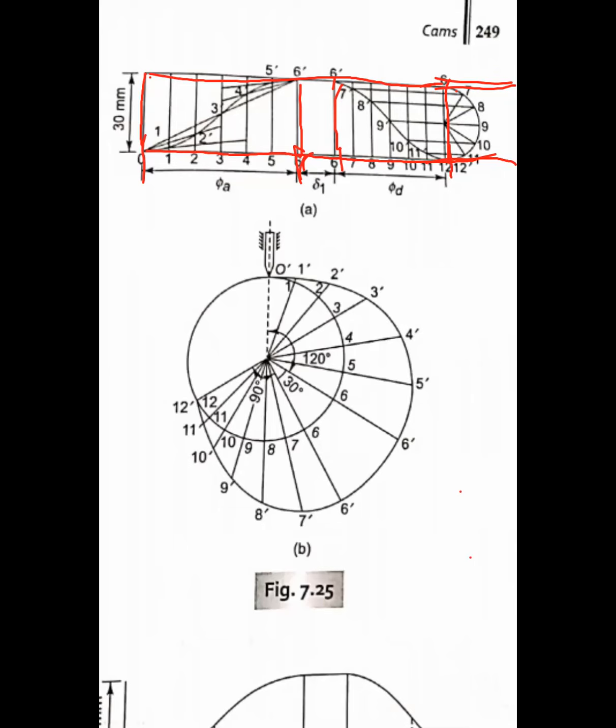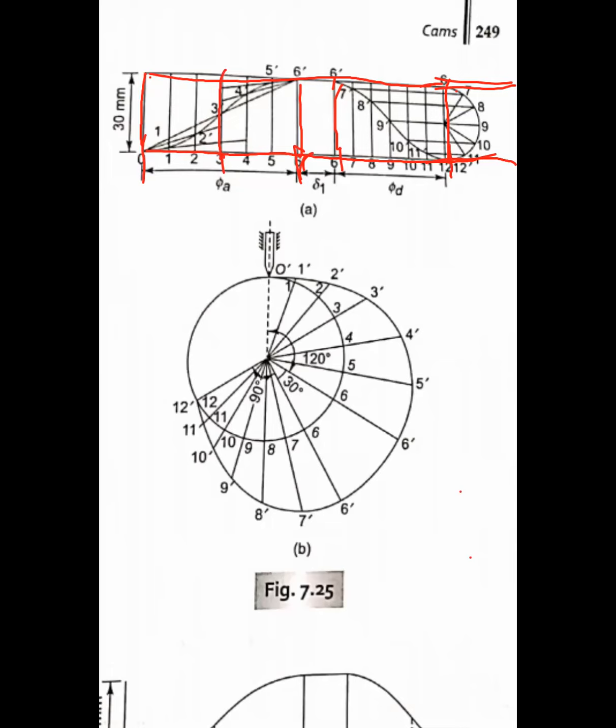Later, uniform acceleration and retardation for our ascent portion. For construction of the displacement diagram, you have to take the mid of the stroke. The mid of the stroke vertical portion is divided into an even number of equal parts. 30 by 6, so each part value is 5 mm.